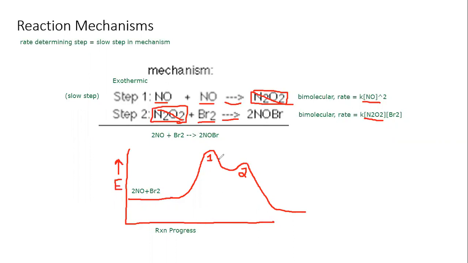Now in this minimum here, this is where our reaction intermediate would occur. So here we would have a reaction intermediate N2O2. So it gets produced in step 1 and then it gets consumed in step 2, and we have our products. Now since it's exothermic, the products are lower than the reactants.